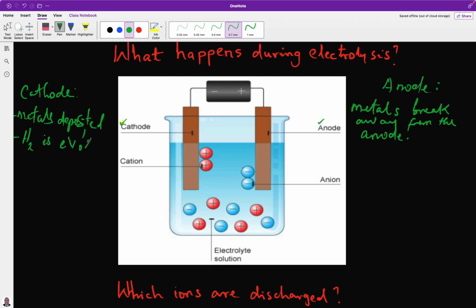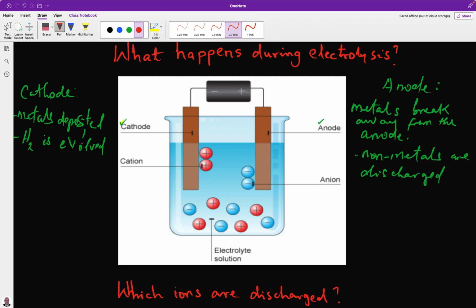Then at the anode, you will also see that non-metals are discharged at the anode.